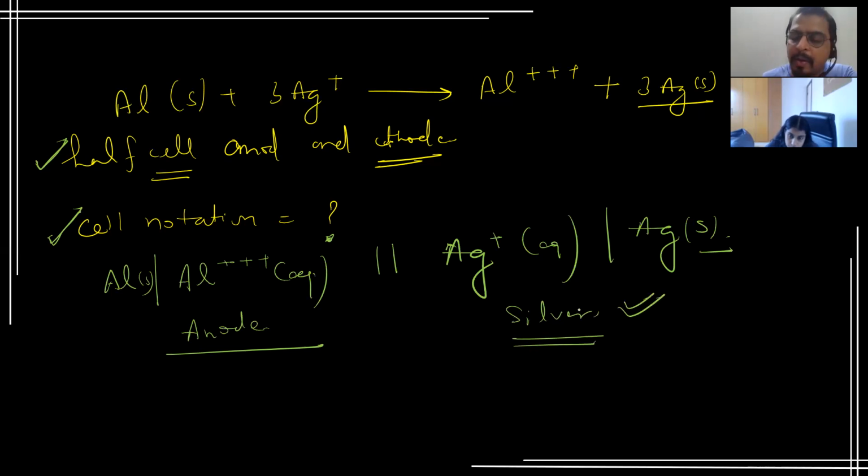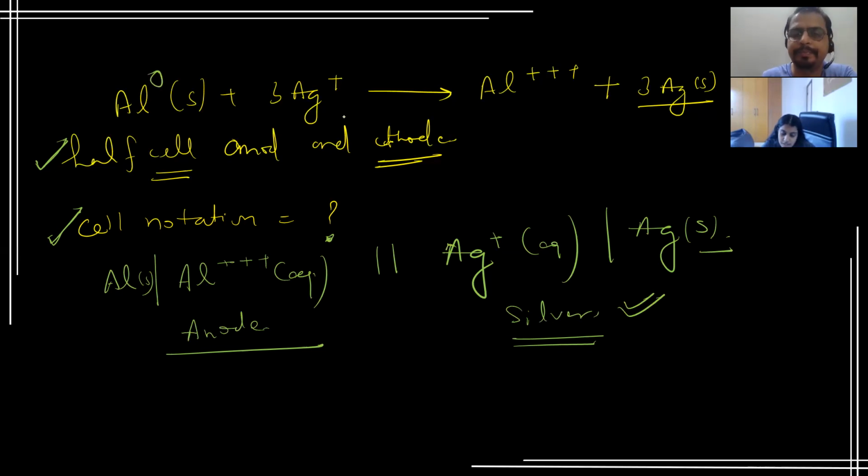What is your judgment criteria for this prediction? On what basis have you decided that aluminium will go to anode and silver will go to cathode? Well, the aluminium goes from the oxidation state of 0 to +3, so it loses electrons, and that's what oxidation is.